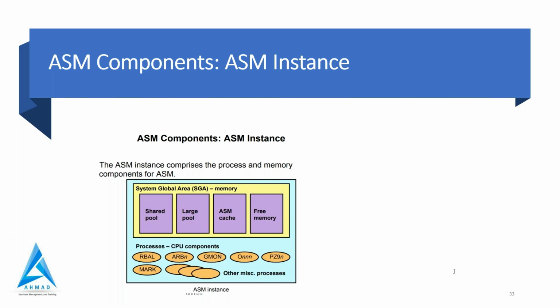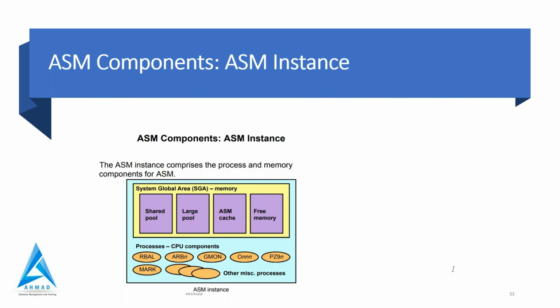And free memory is basically unallocated memory which is available, and if any memory is required, it will be allocated from free memory. And the minimum recommended amount of memory for an ASM instance is another question. Tell me, type it. Whenever I ask any question, please type the answer in the chat room at least. At that time, please don't speak.